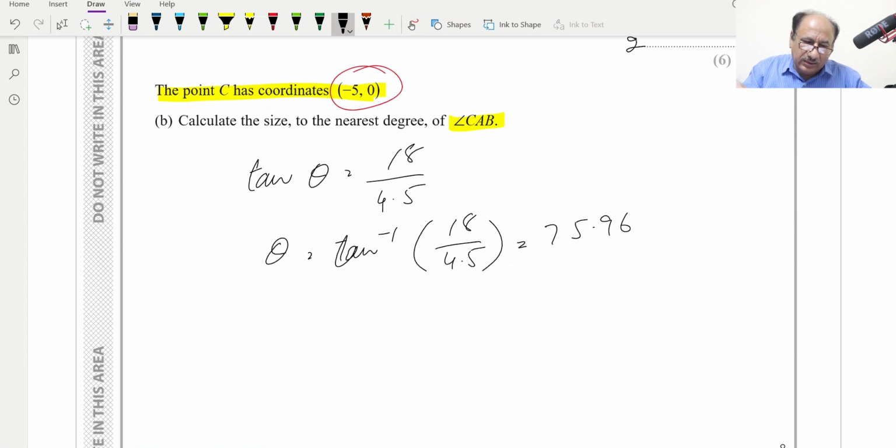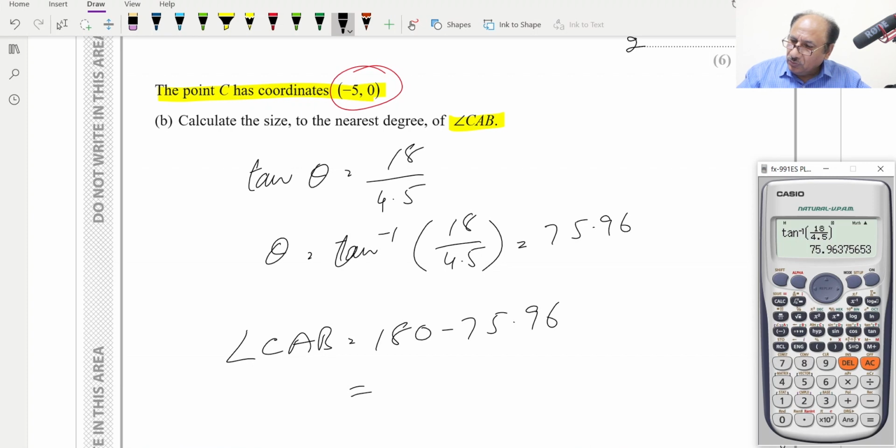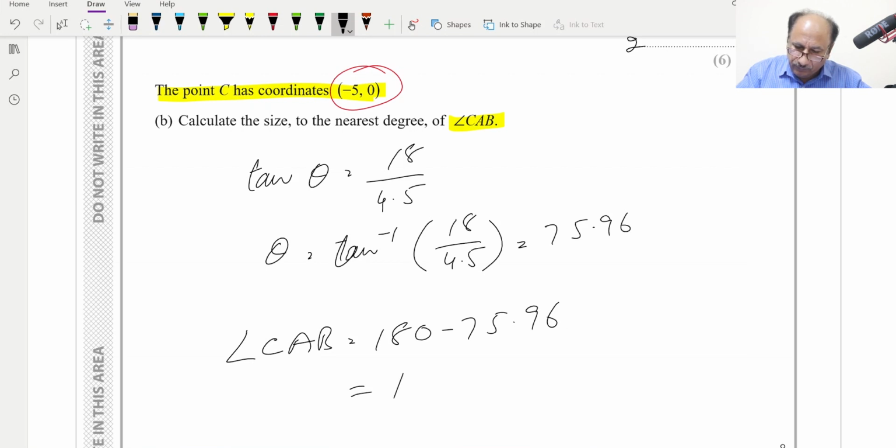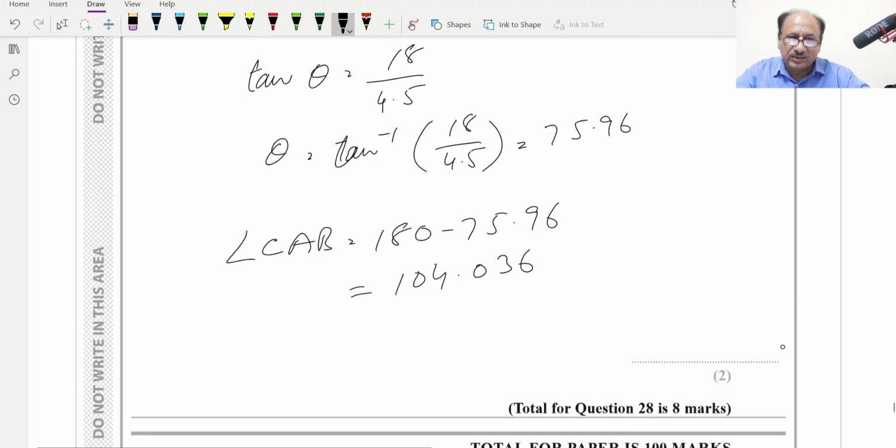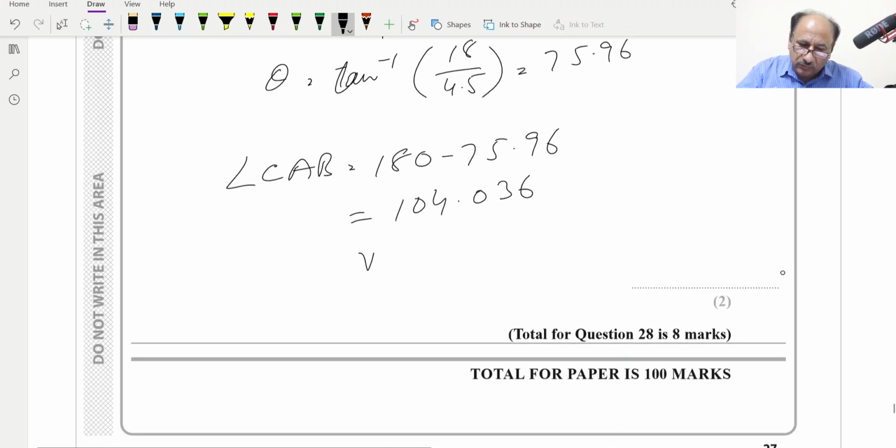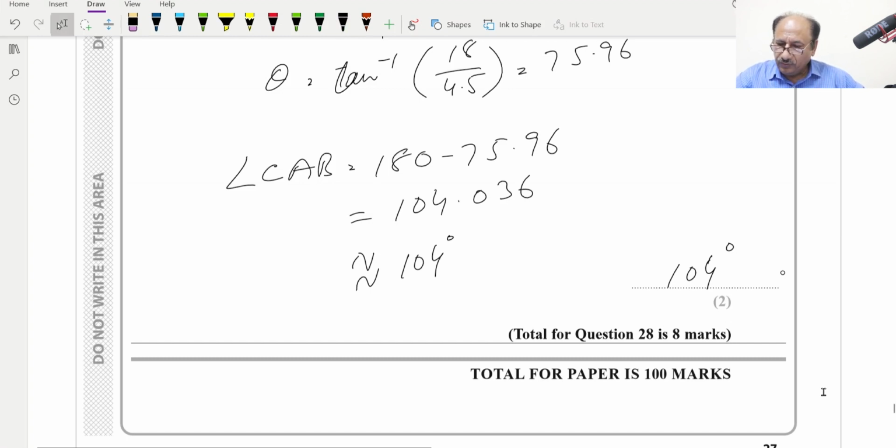So angle CAB will be equal to 180 minus 75.96, which is 104.036, and they are saying to the nearest degree, so this will be approximately 104 degrees. So 104 degrees will be our final answer for this one.